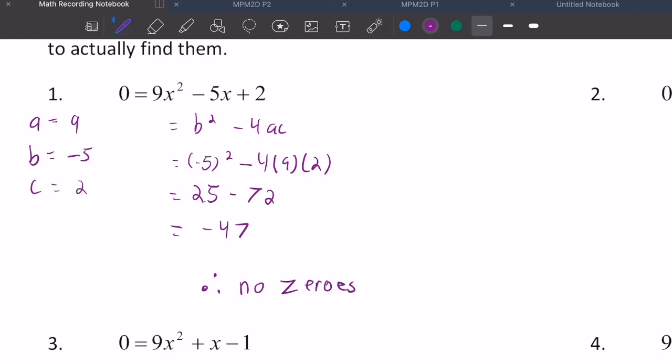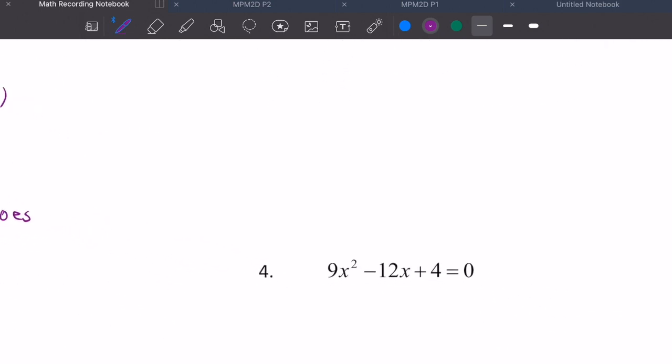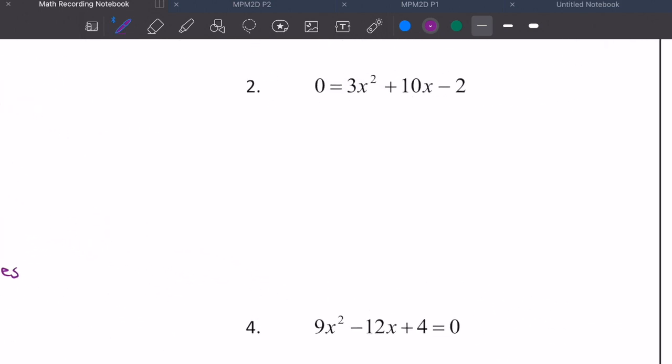Let's look at another example. Let's try 2 now. We have a equals 3, b equals 10, and c equals negative 2. So we have b squared minus 4ac. We plug in the information we have: 10 squared minus 4 bracket 3 bracket negative 2.